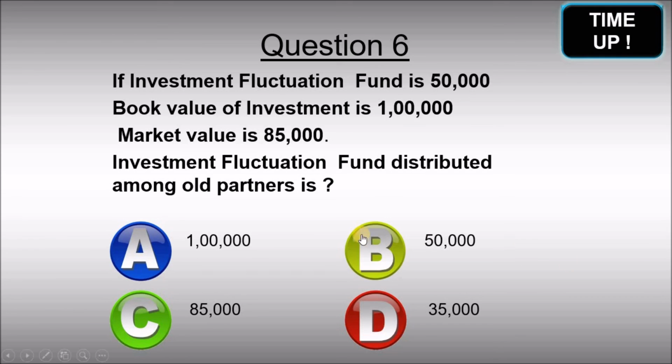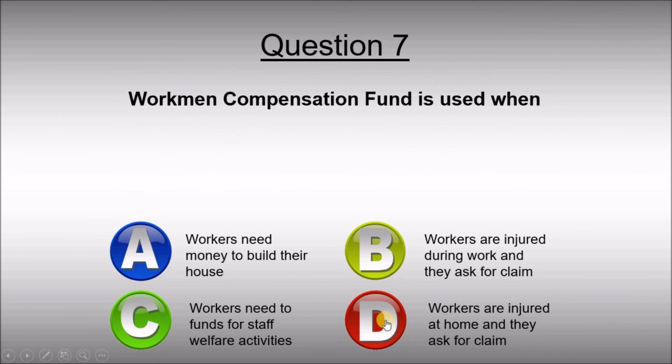If you can see here, book value of investment is 1 lakh where the market value is 85,000. So there is a loss of 15,000, and for this we have this fund. So if we keep 15,000 from this fund, what is left is 35,000. So the correct answer will be D 35,000.